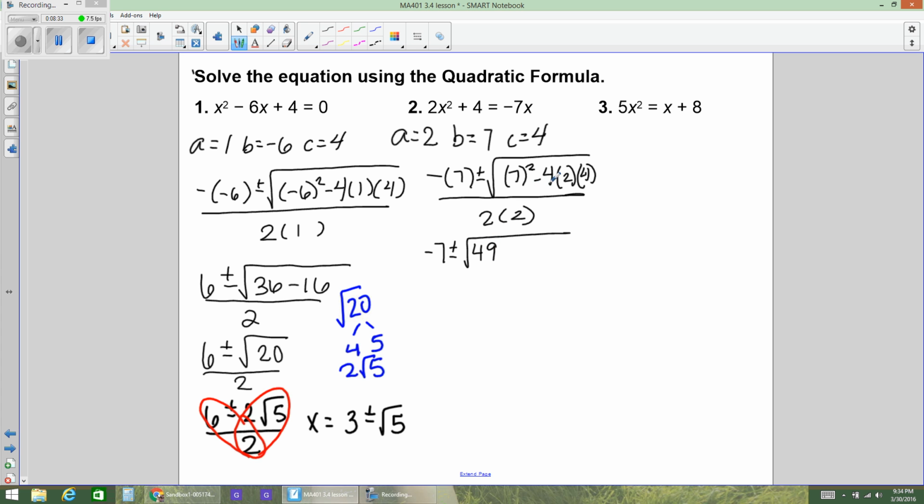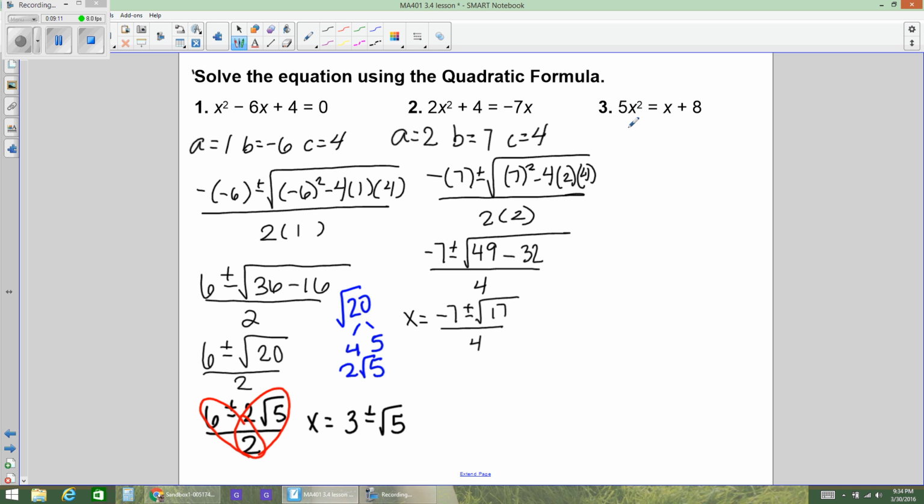You've got a minus and a positive and positive, so this is negative. 4 times 2 is 8. 8 times 4 is 32. It's all over 4. So I have negative 7 plus or minus the square root of 17 all over 4. 7 and 4 do not reduce. 17 cannot be simplified. I'm going to pop an x equals out front, and I'm done.